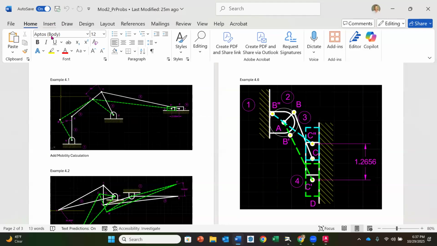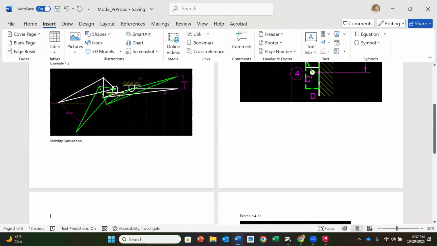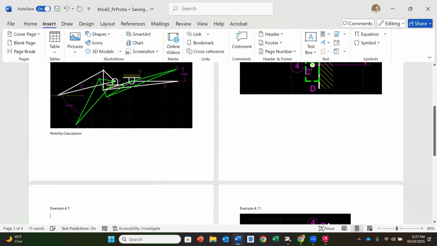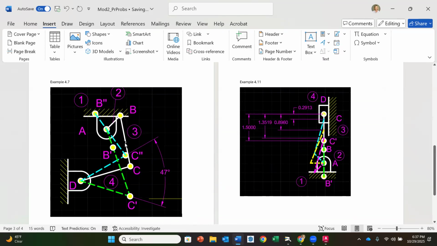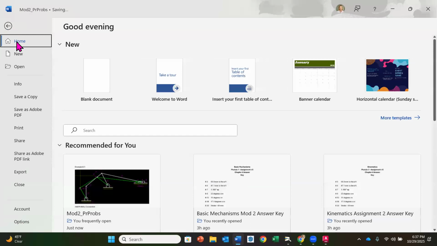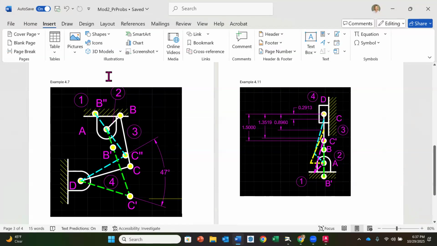I'm going to do an insert, page break, and then this is going to be my example 4.7, and then Control V. So that's going to be the kinematic diagram in the extreme positions with 47 showing that you need for example 4.7. Okay. And we'll do a quick, oh, it did save. Okay. All right. And then we have one more to do, which is going to be 4.11.